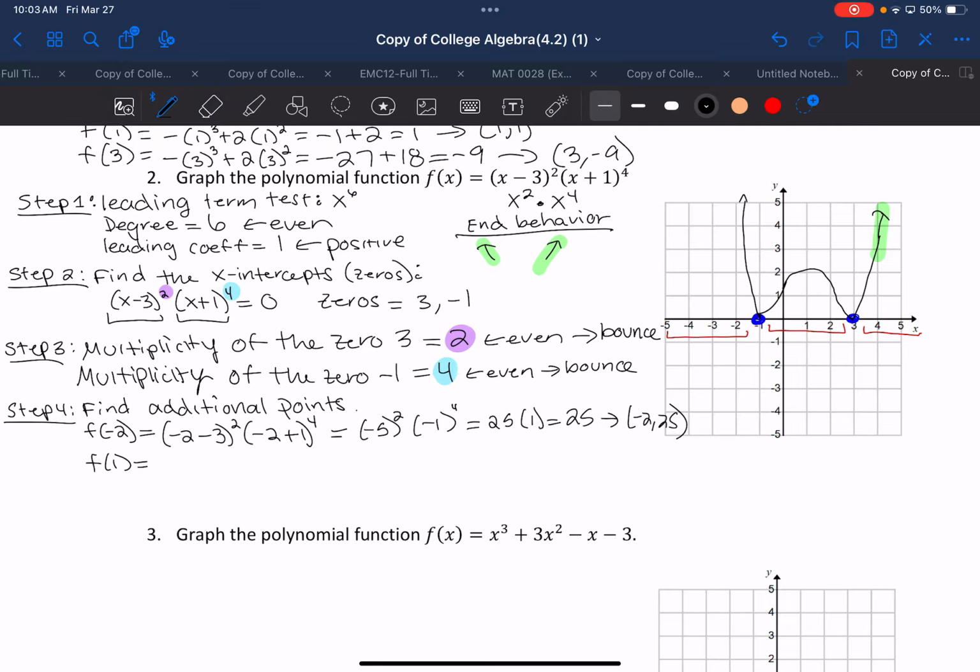And so that should give me my local max point there. So I can really see how high that hill is going up. So if I plug in 1, I would get 1 minus 3 all squared times 1 plus 1 to the 4th power.